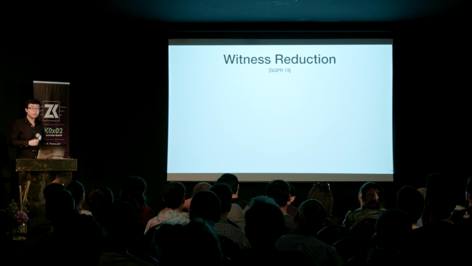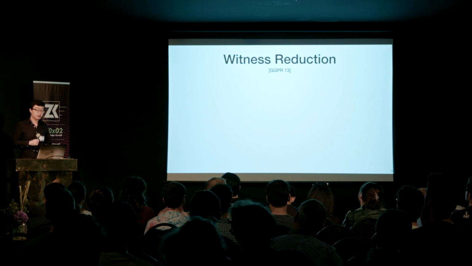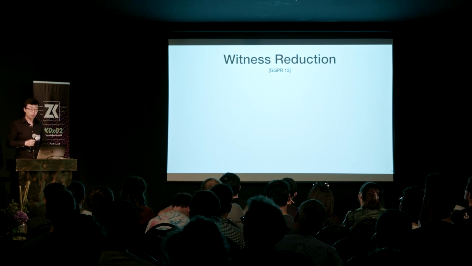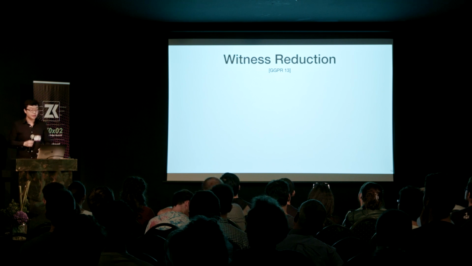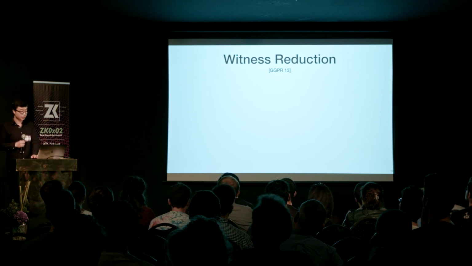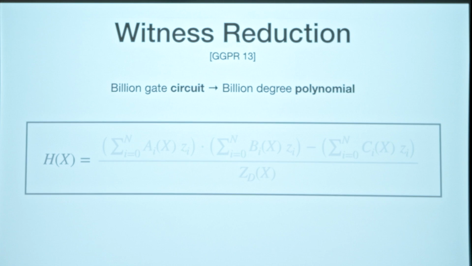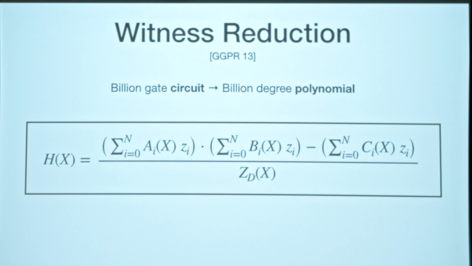So to efficiently compute the zkSNARK proof, we need the circuit we started with in polynomial form. Namely, the equation that we want to evaluate here is this one. If you haven't seen this equation before, this is an important equation introduced in GGPR13 that defines a quadratic arithmetic program, which has to do with arithmetization for circuits.